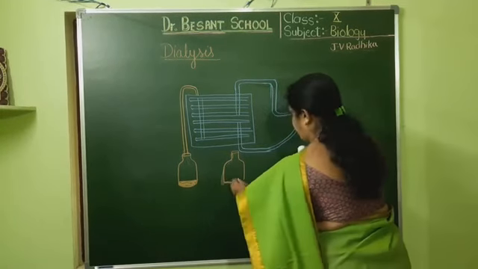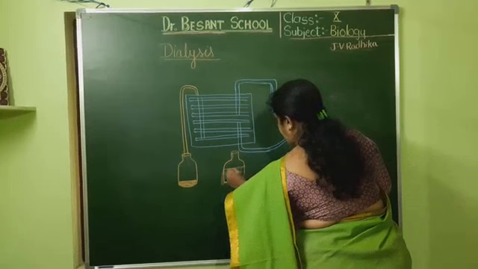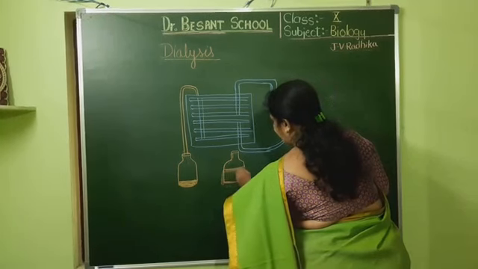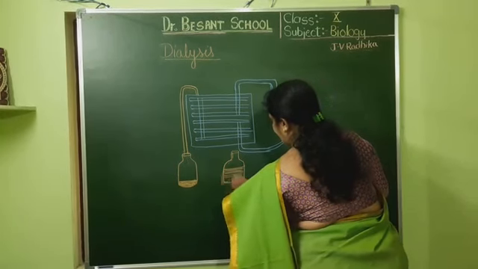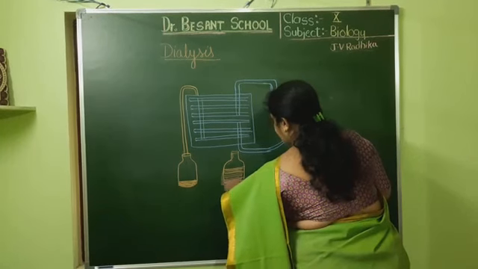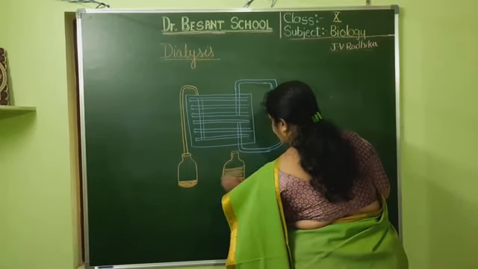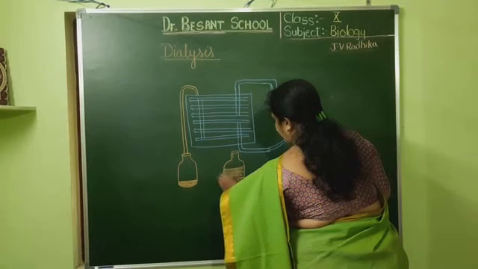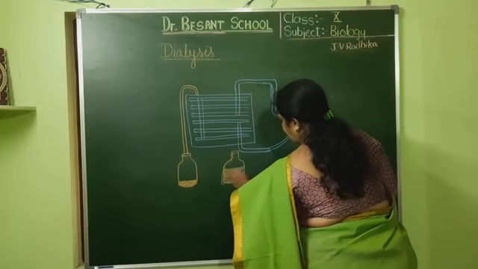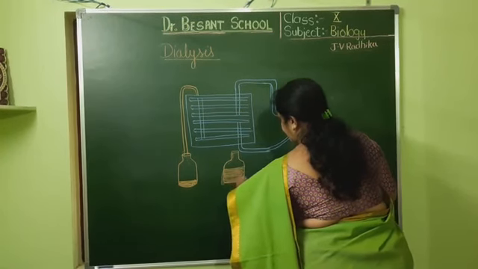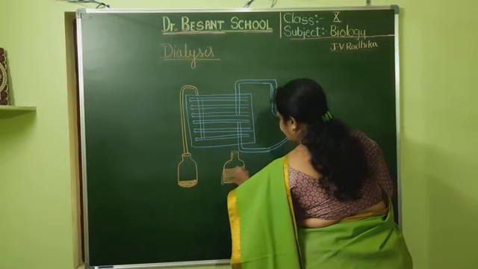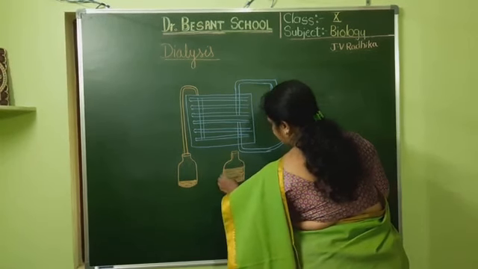So this is the fluid called the dialyzing fluid, or the dialyzer. This fluid will be somewhat like the composition of our blood, but it will not contain any nitrogenous waste in it. So this fluid is prepared by the doctors.